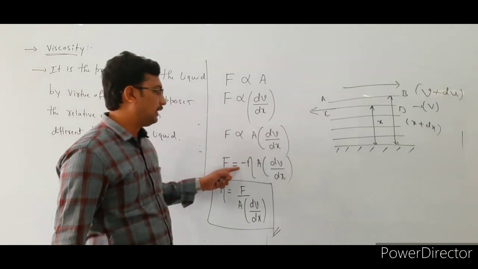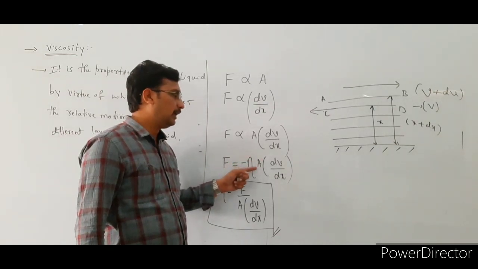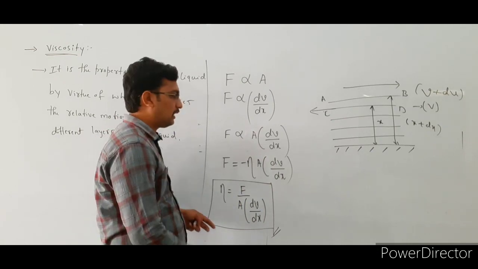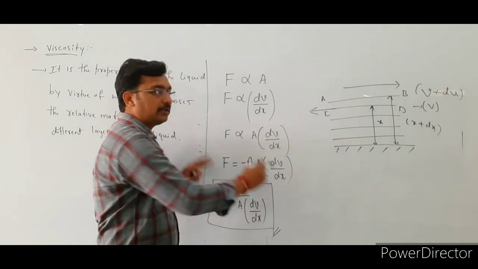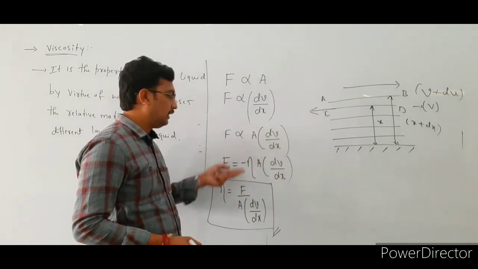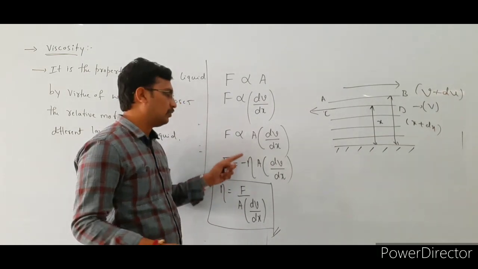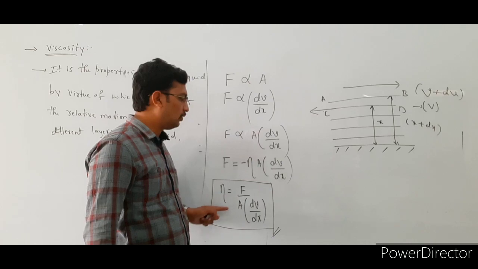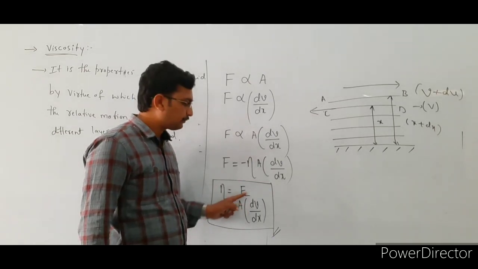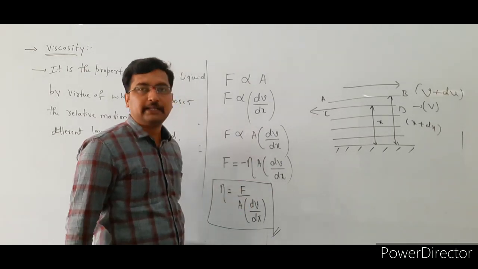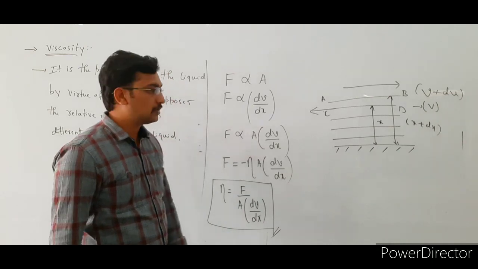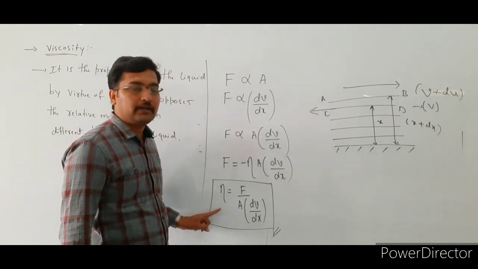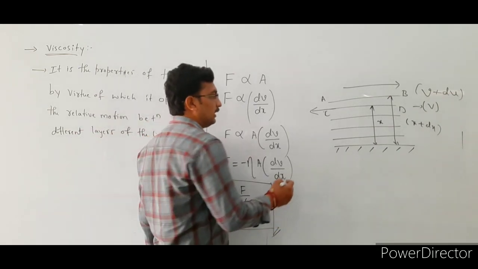Here F is equal to minus eta into area dV by dx. After that we consider the magnitude, which becomes positive, so F is equal to eta into area into dV by dx. Then eta is equal to F divided by A times dV by dx. Then what is the SI unit and the CGS unit of this eta?